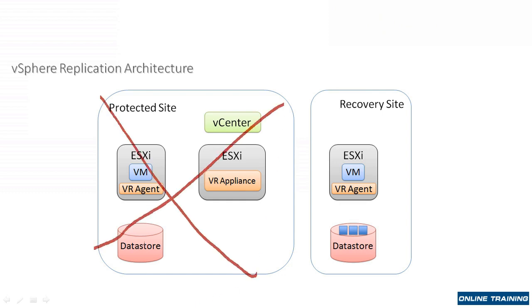So let's say we've got replication going and all of my data is being replicated from the protected site to the recovery site. So we know that we have a current copy of our data at both locations, and that's a good thing, right? We're not going to have a lot of data loss if we do have this sort of disaster type scenario. What SRM does is it automates the disaster recovery response, right?